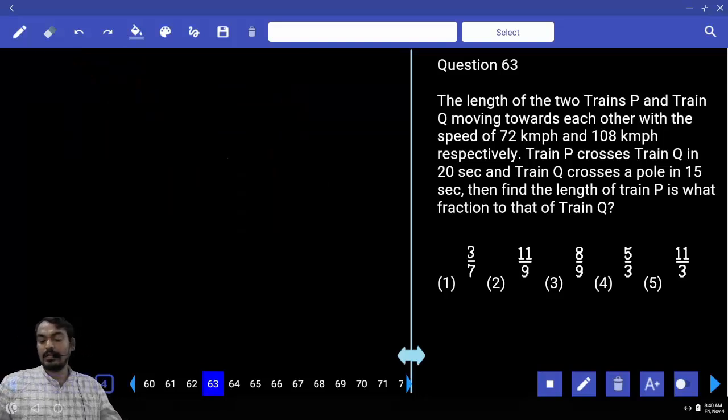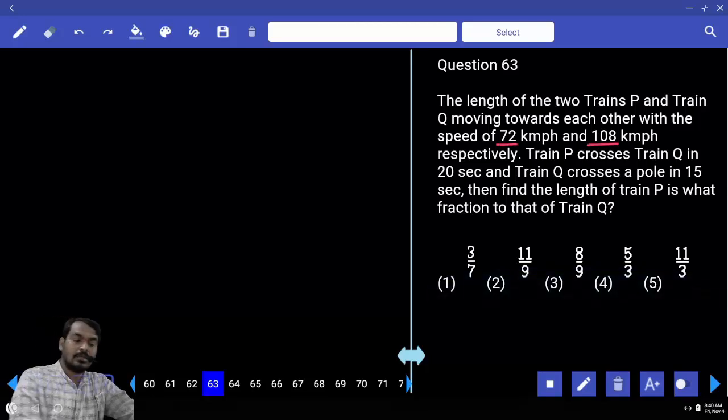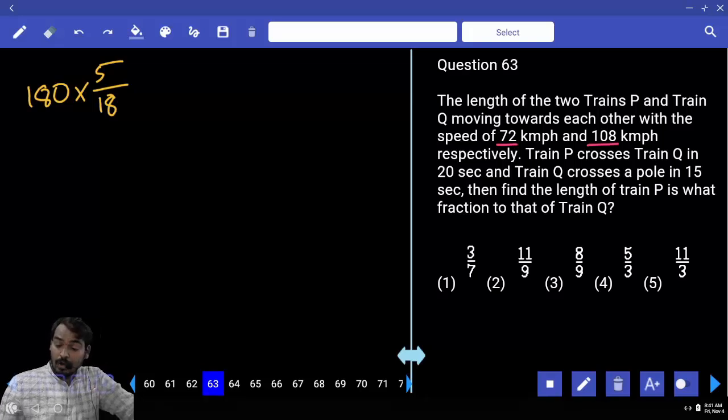First of all, both trains are moving in opposite directions. In opposite directions, what is the relative speed? The sum of the speeds. One is 72, another one 108. What is the sum of these speeds? 180 km per hour, converted to meter per second by multiplying by 5 by 18. How many seconds do they take to pass each other? 20 seconds.